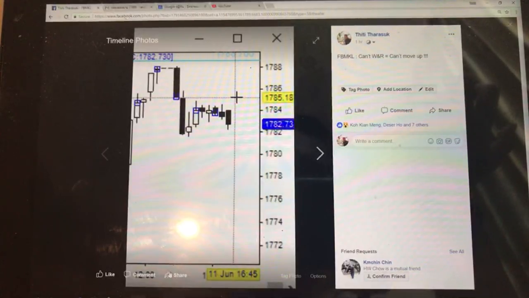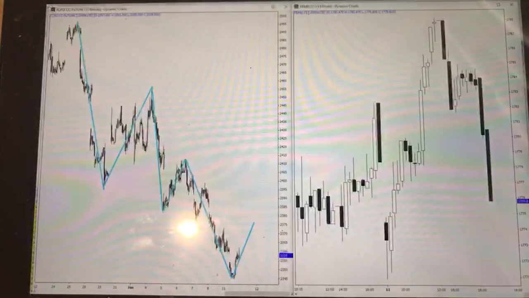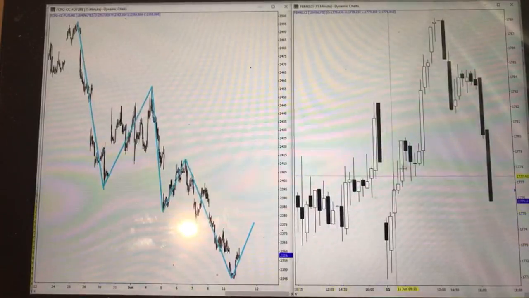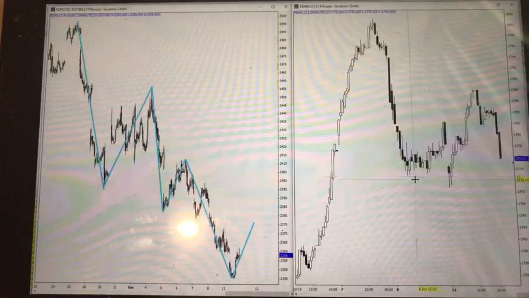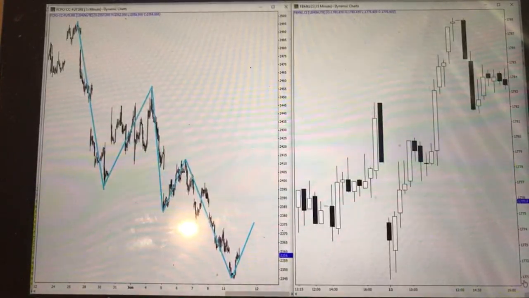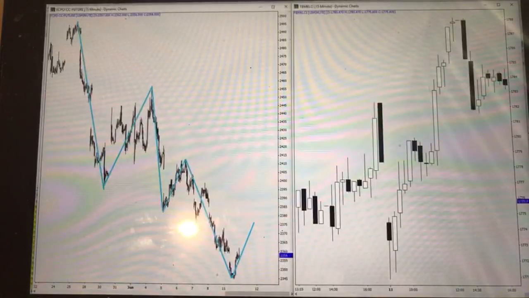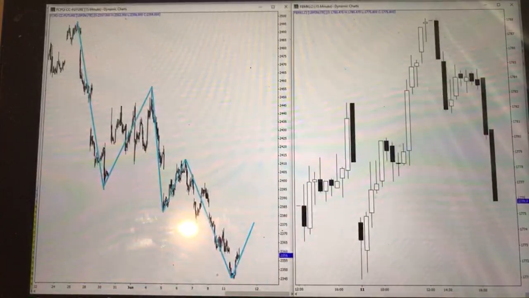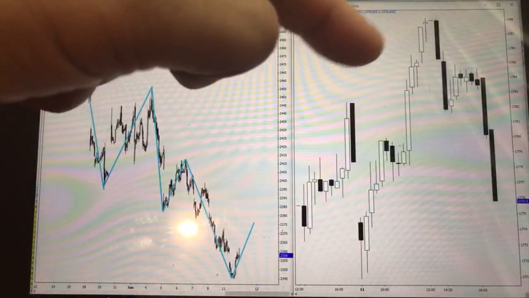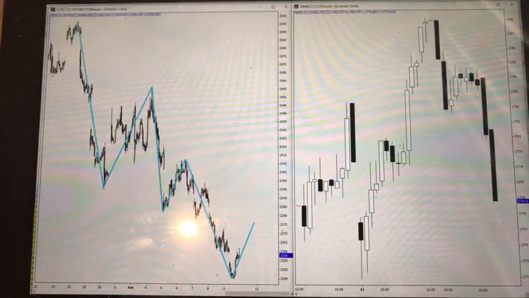If we zoom out and go back to FBMKL in the 15-minute chart on the right hand side, when you saw this prior, it made a higher high.